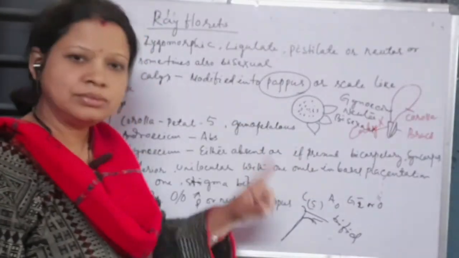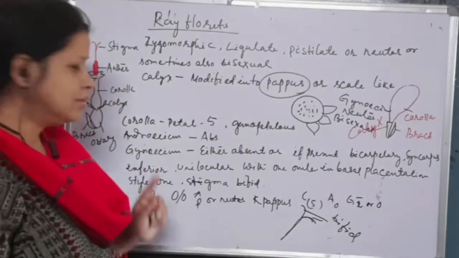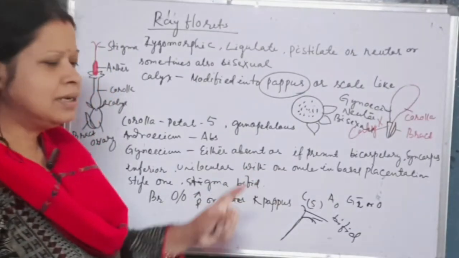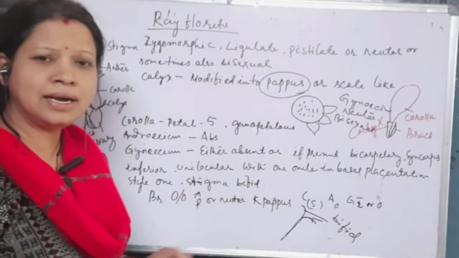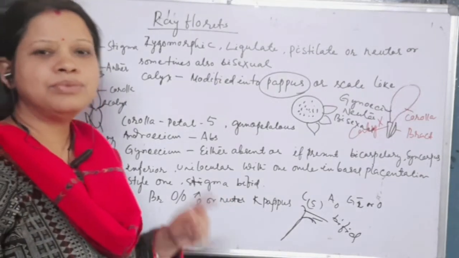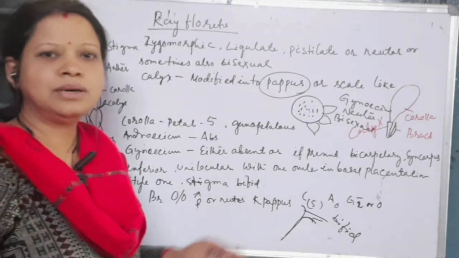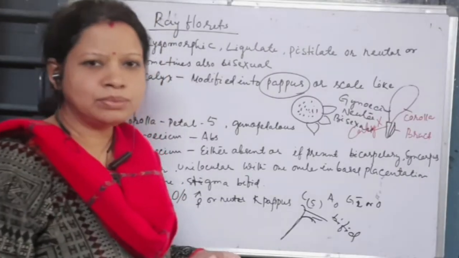If the gynoecium is present in this ray floret, then there is a single ovule with basal placentation. Placentation means the arrangement of ovules in the ovary. So here only one ovule is present, in basal placentation, which is at the base of the ovary, and the single ovule is an anatropous ovule.